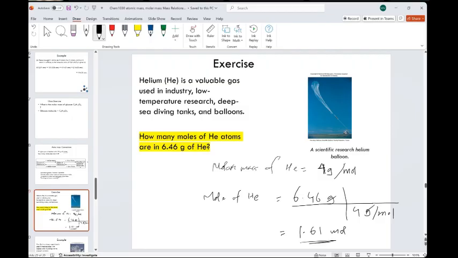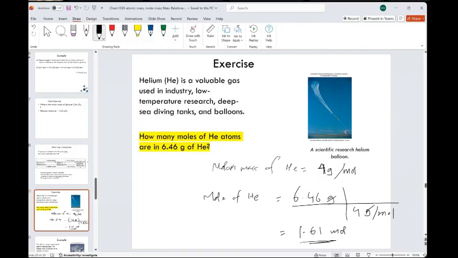Okay, so basically what we did here, we take the molar mass concept of helium, and then we take the value for gram molar mass that we got from periodic table. In case of helium, that is 4. In case of other, we have other value.